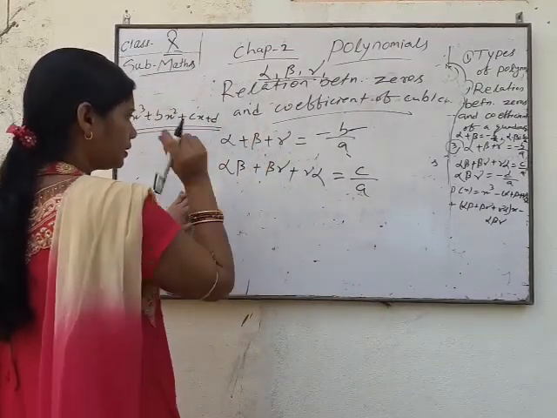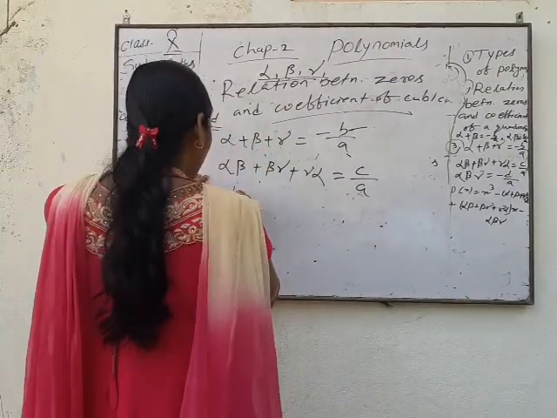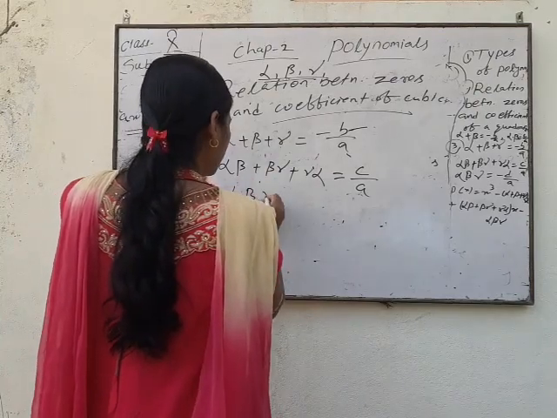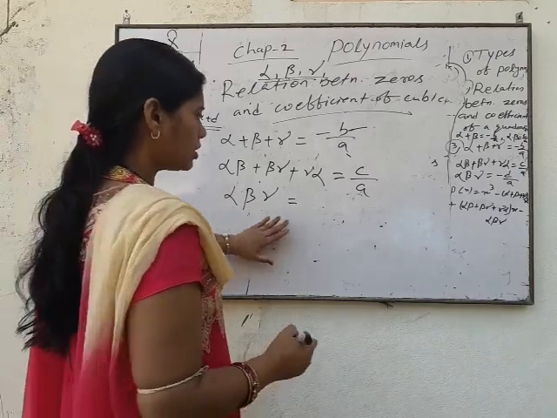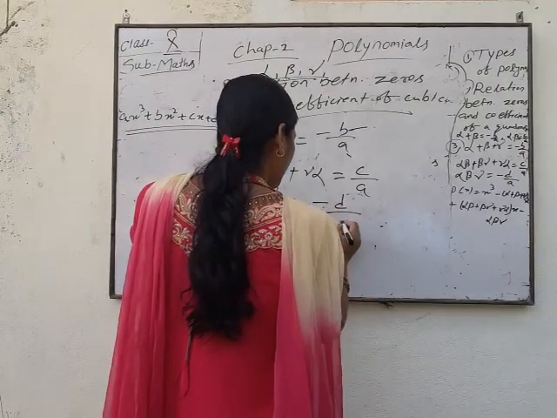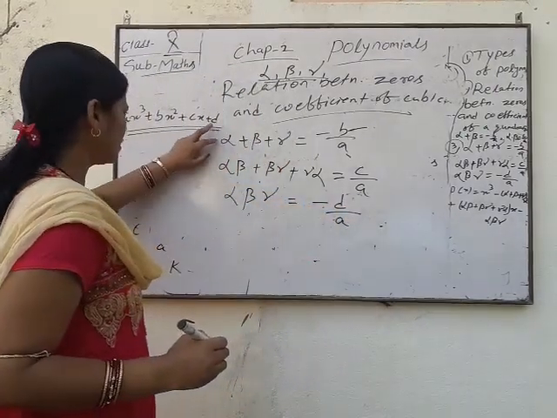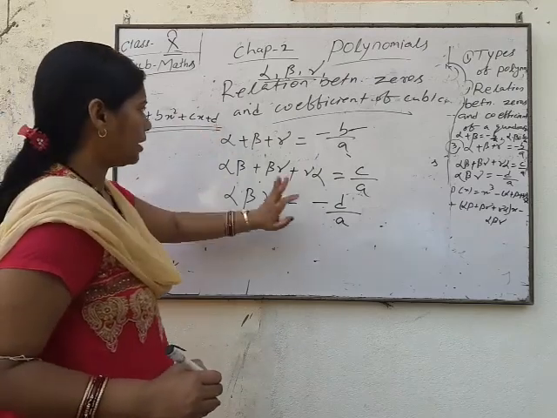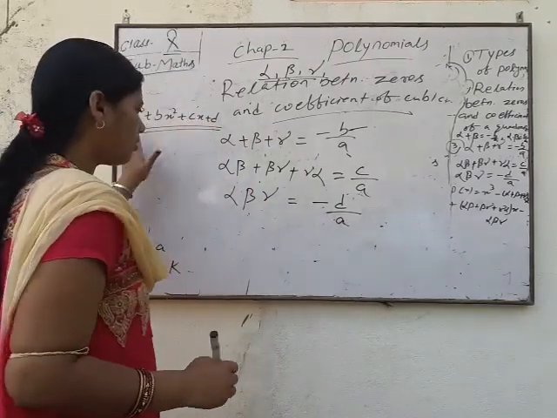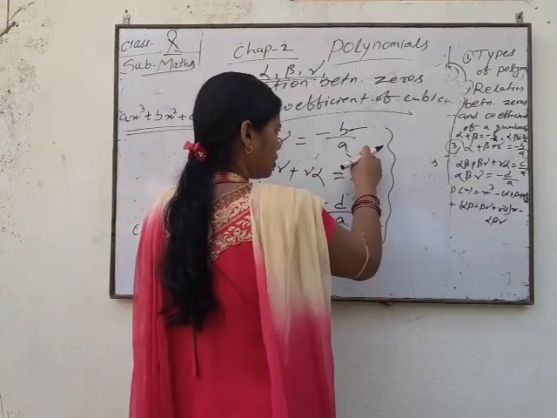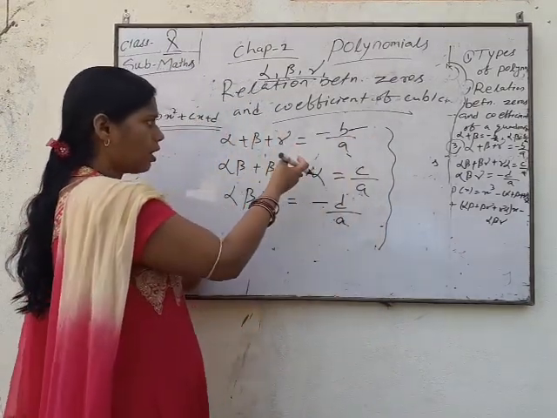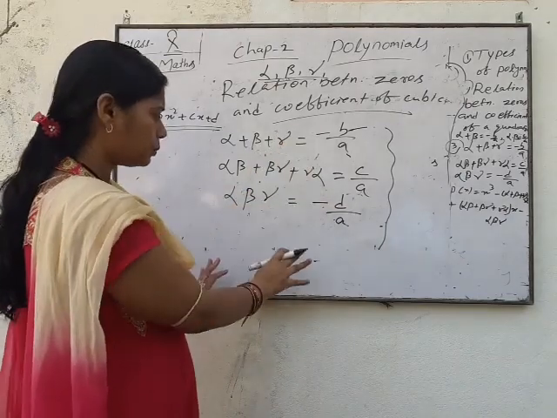Then alpha into beta into gamma, the product of zeros, is equal to minus d by a, where d is the constant term and a is the coefficient of x cube. These are the relations between the zeros and coefficients of a cubic polynomial.